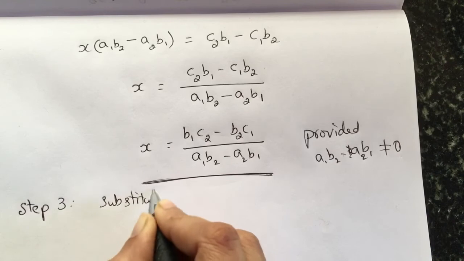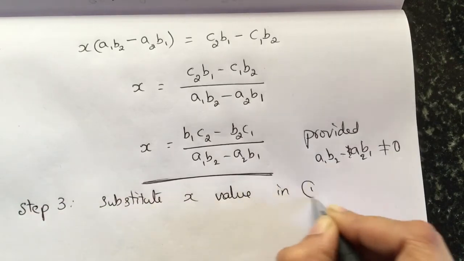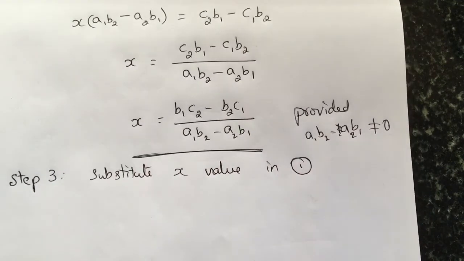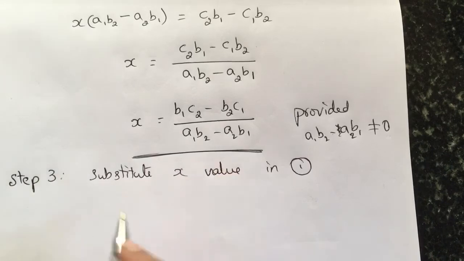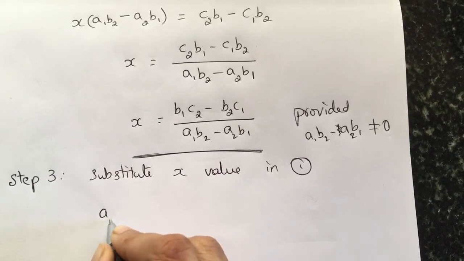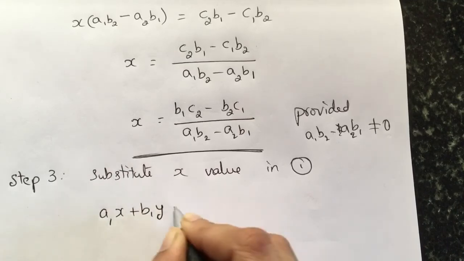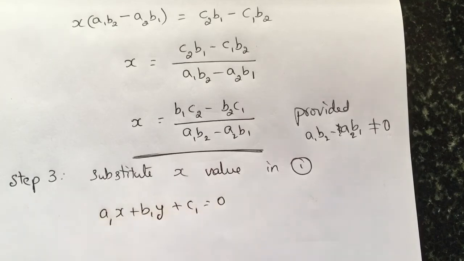Substitute the x value in equation 1. Okay, equation 1 I have, so I'll just substitute here: a1x plus b1y plus c1 equal to 0.